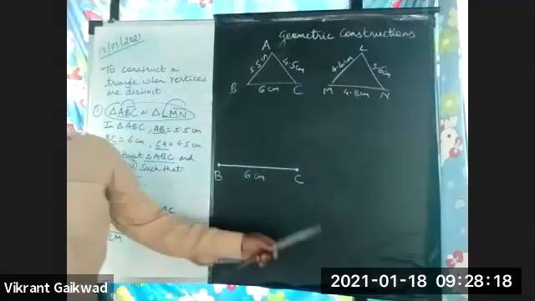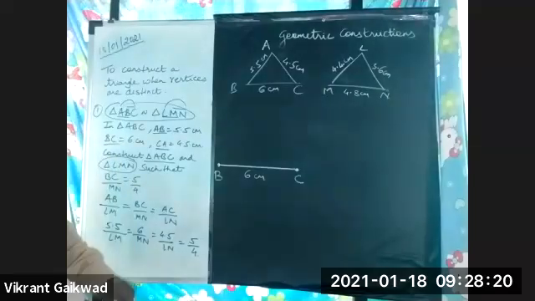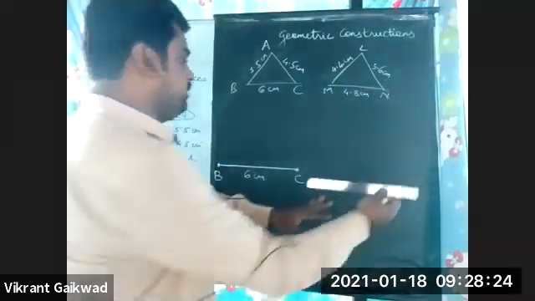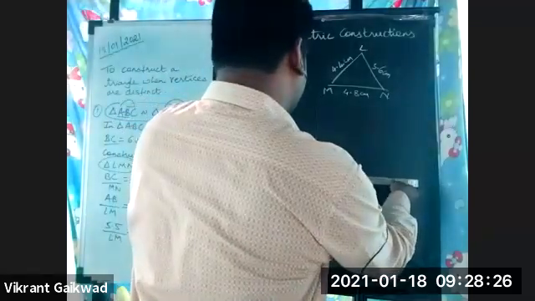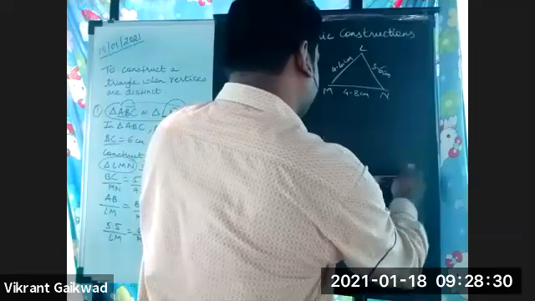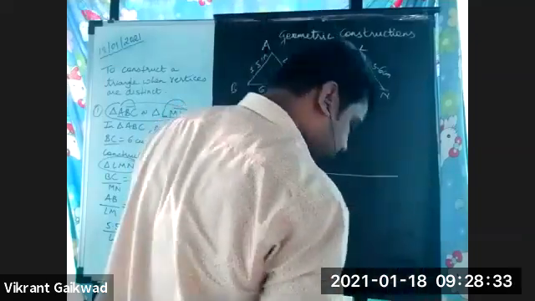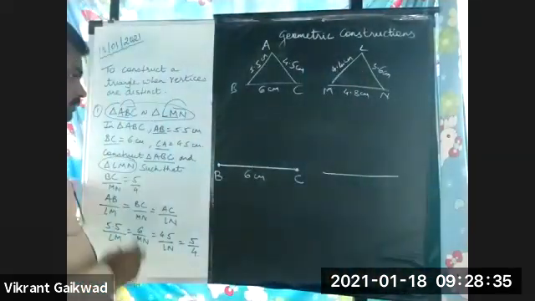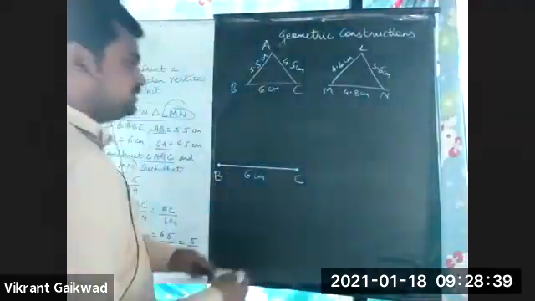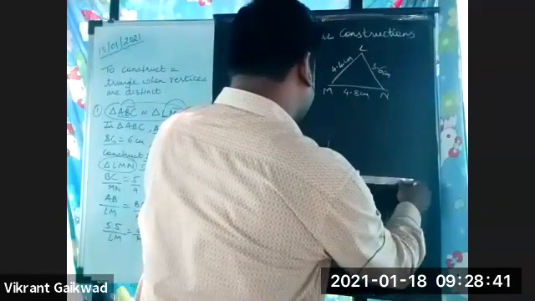I've drawn base BC as 6 centimeters, and for the other triangle LMN, I'm going to draw base MN as 4.8. I'll draw these triangles adjacent to each other. Simultaneously, I'm going to do both the constructions. Understood?